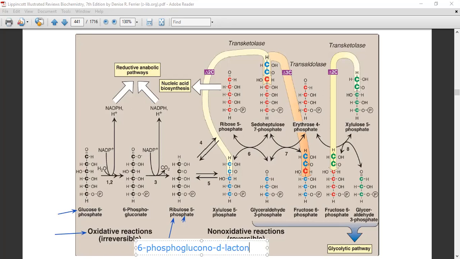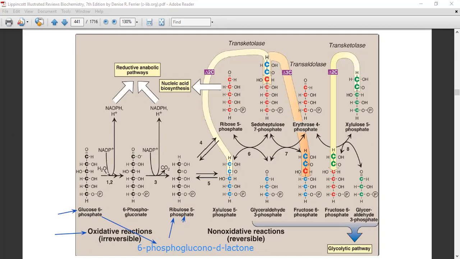Okay. So from glucose 6-phosphate to 6-phosphogluconolactone, the enzyme here is glucose 6-phosphate dehydrogenase.